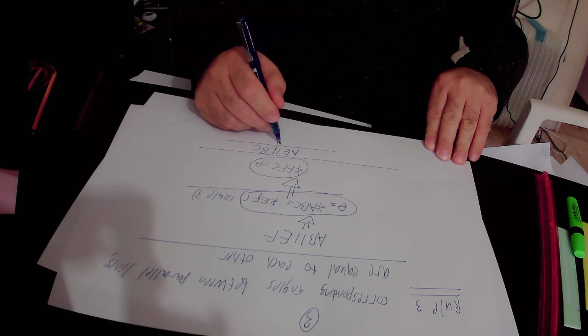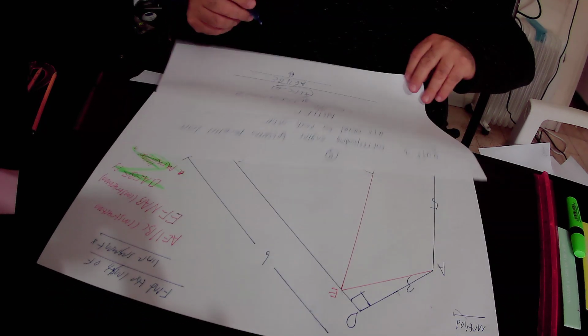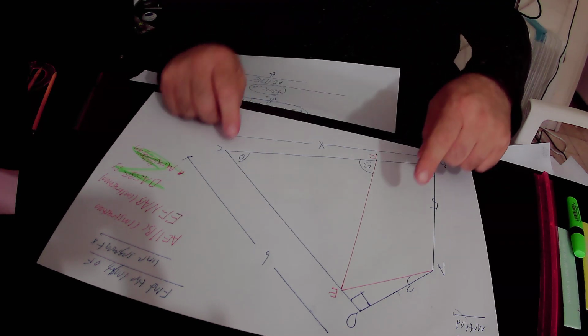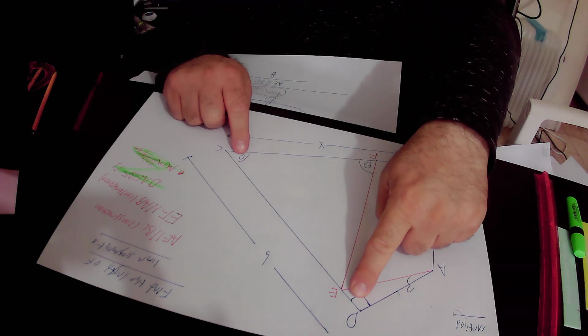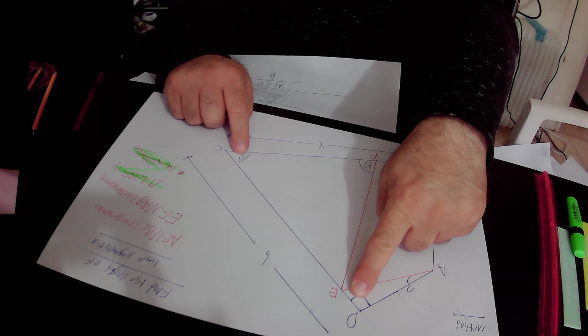Therefore, according to rule number 3, those two angles that are defined as corresponding angles will be equal to each other.